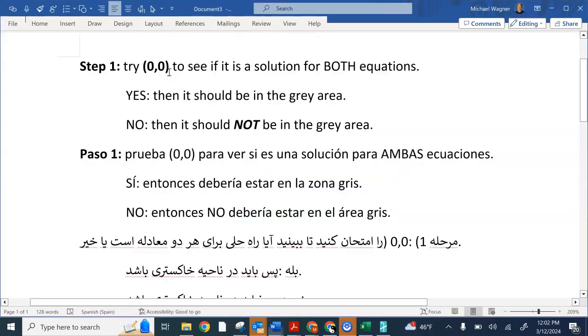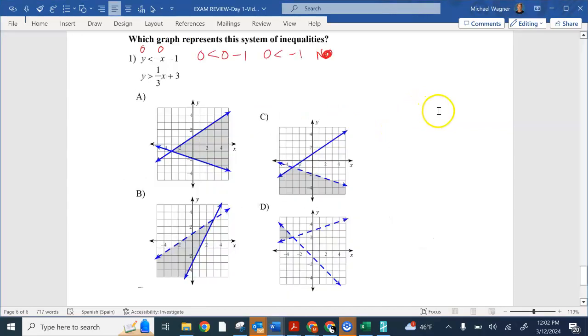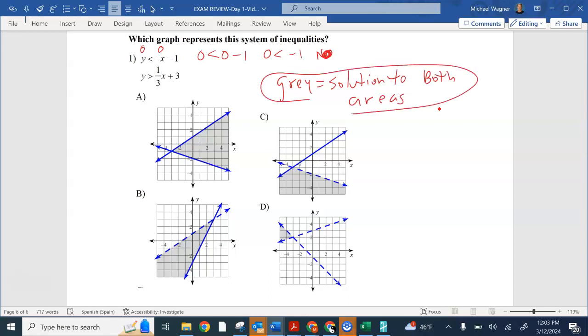So what does that mean? It means that 0, 0 should not be in the gray area, because remember, the gray area is a solution to both.